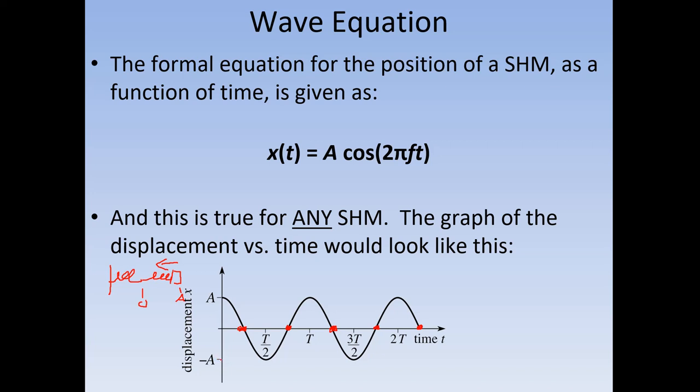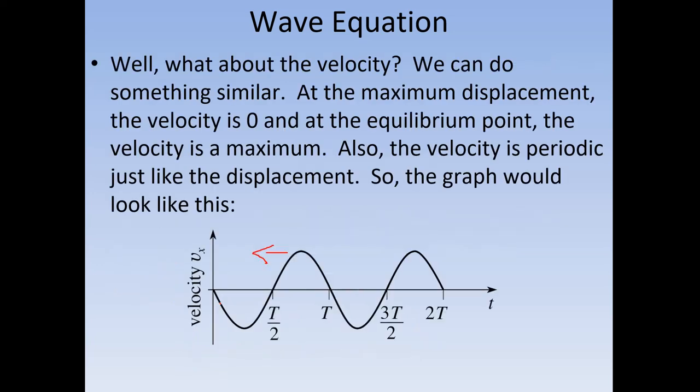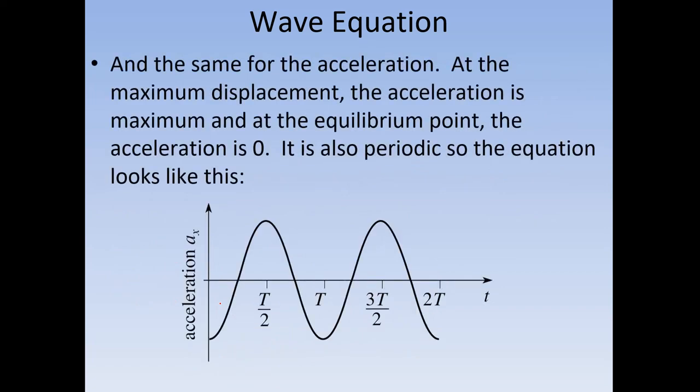So it's going to start at the negative amplitude and do something like this, reaching maximums every time the position reaches a maximum, but in the other direction. So our graph is going to look like this. Now they drew it a little bit bigger, but it doesn't really matter.